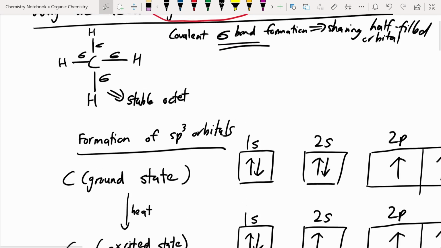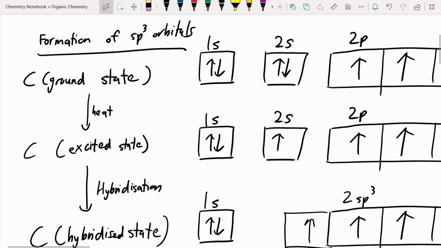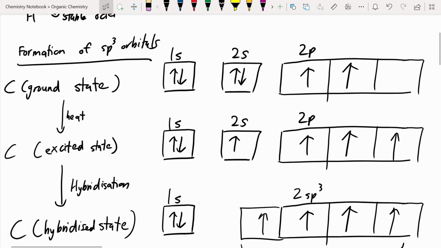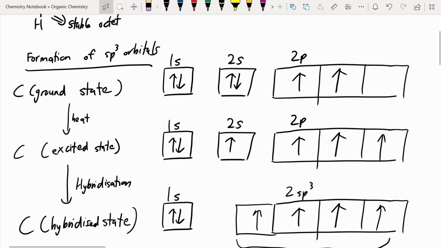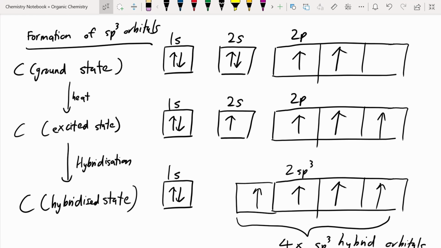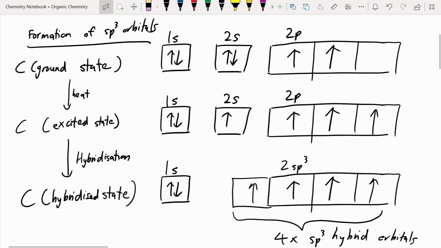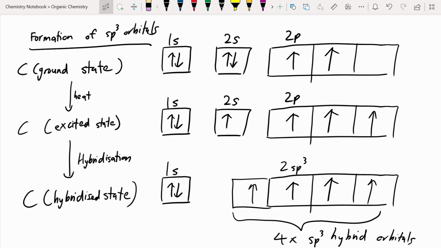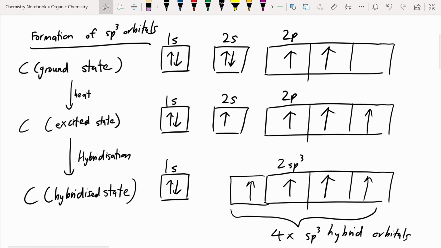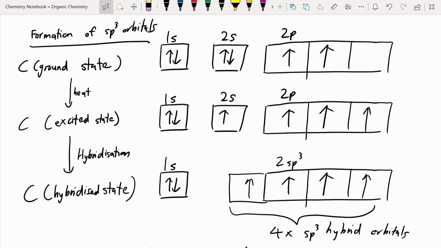Okay, so let's take this for instance. I'm gonna talk about the formation of sp3 orbitals. Afterwards, I'm gonna use an analogy to illustrate how these hybrid orbitals are formed. I'll do this for sp3, sp2, and sp.